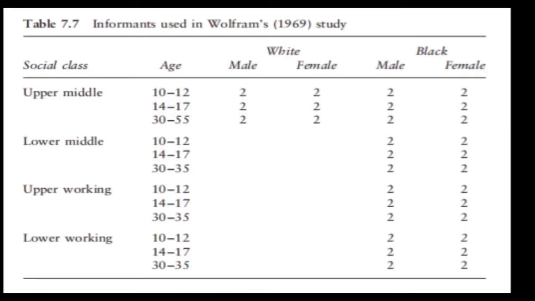After distinguishing the classes, Wolfram then tried to show the contrary characteristics of linguistic behavior. He examined four phonological variables, such as elimination of the final consonant, middle and final t, as in the words nothing and path.